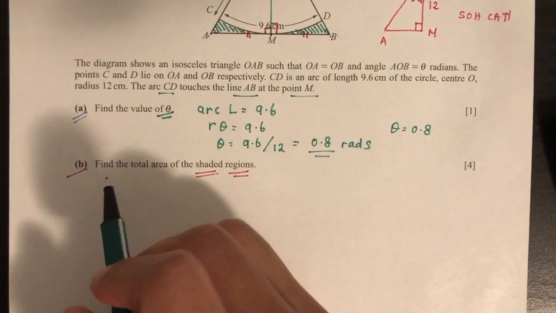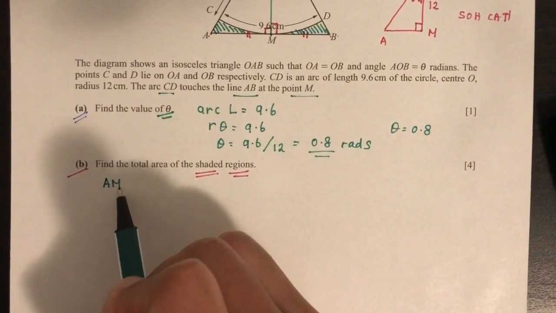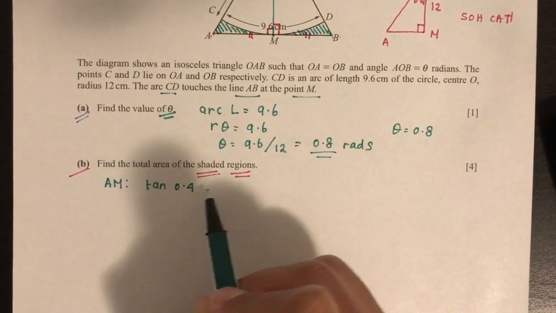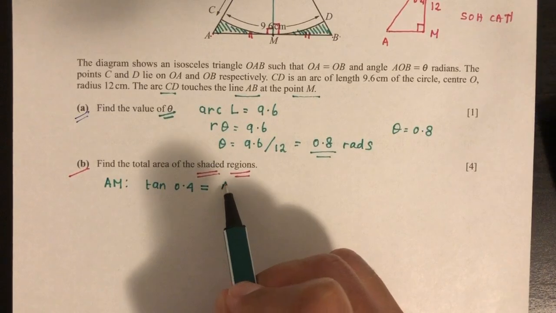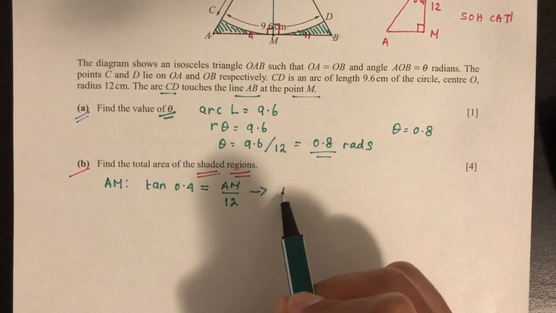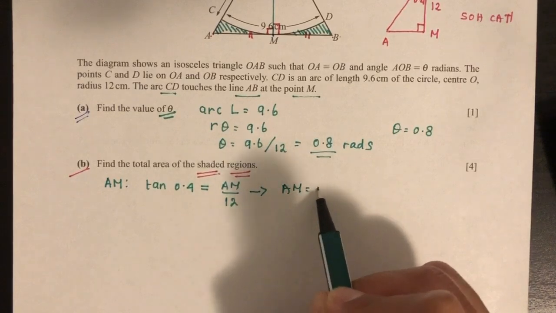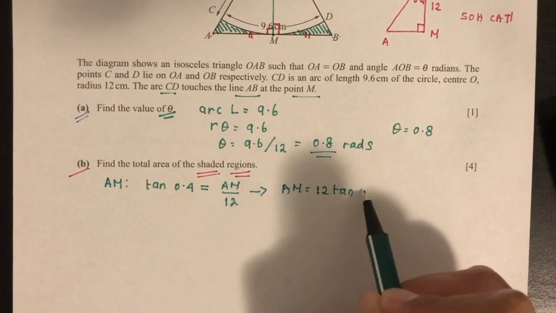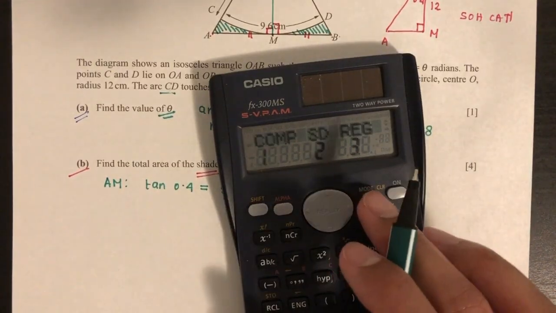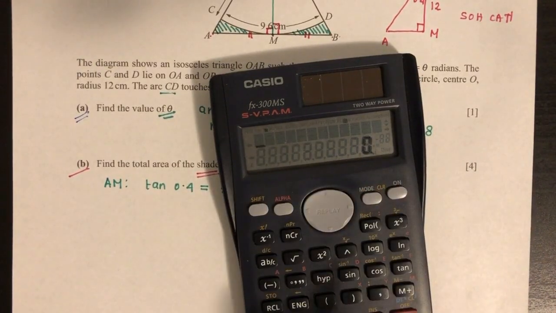So let's write here. So to find the size of AM, I use tan of 0.4 equal to AM over 12. So from this, AM will be 12 tan 0.4. So let's find the value. So make sure it is in radians.